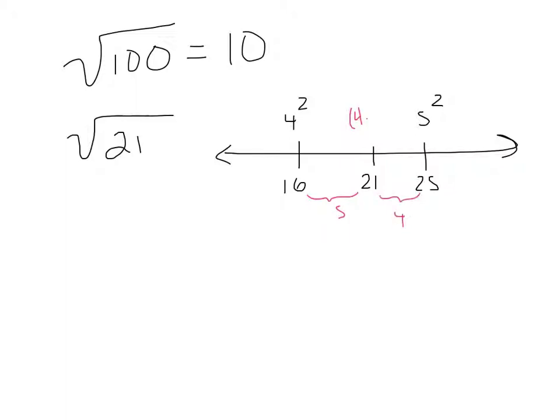So it's probably going to be about 4.5, maybe 4.6. I'll say that it's approximately 4.6. It's always about an approximation, in relation to what are the two perfect squares that fall closest to this.